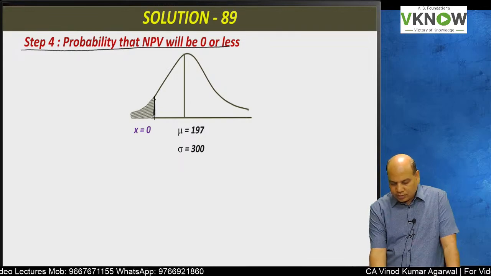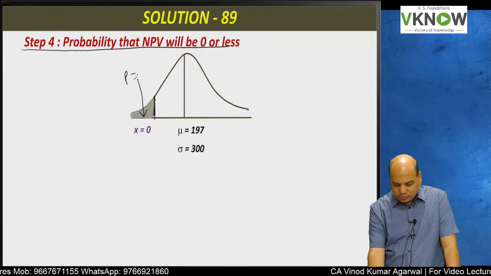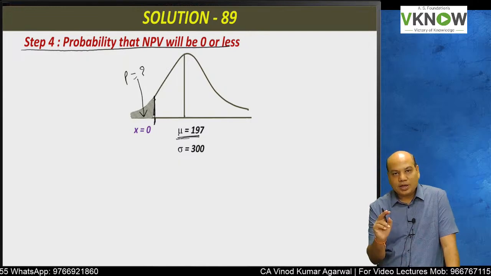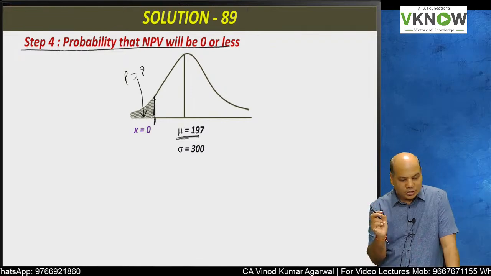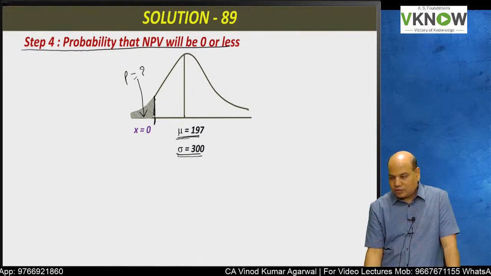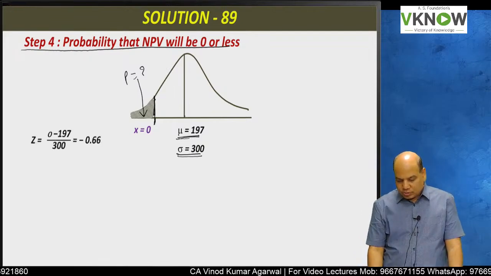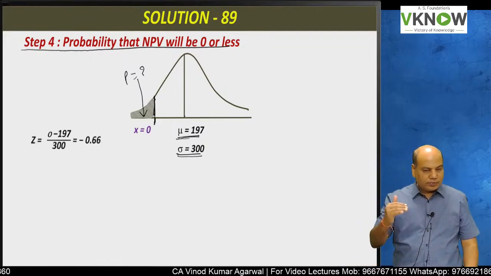I need to find the probability of this area, X equal to 0, right here. In the center, mu is expected NPV 197, standard deviation is 300.